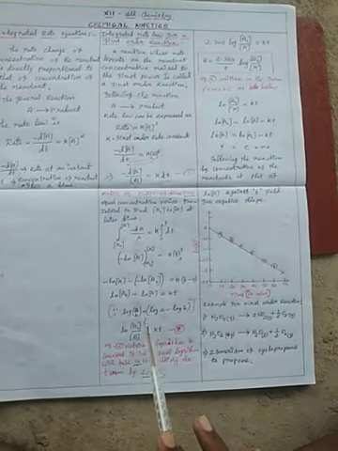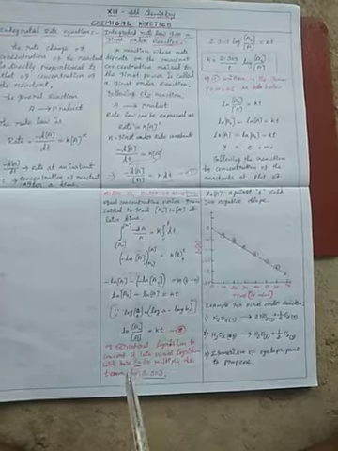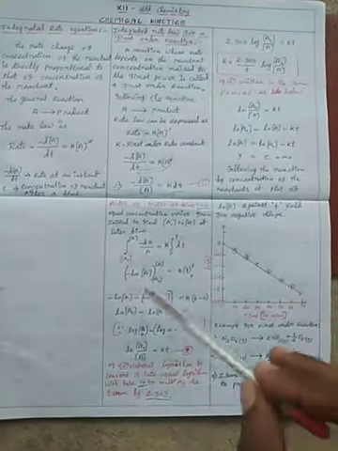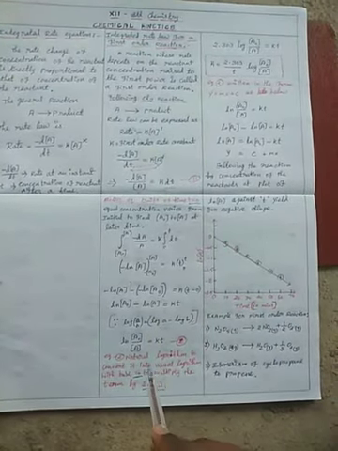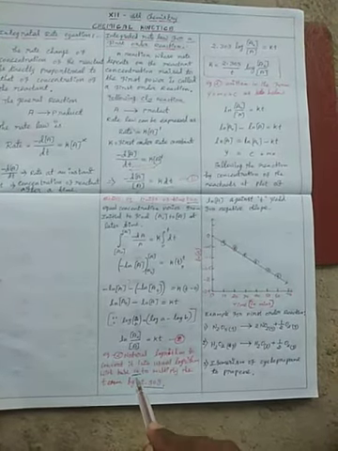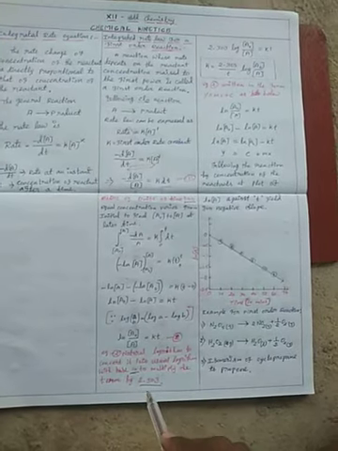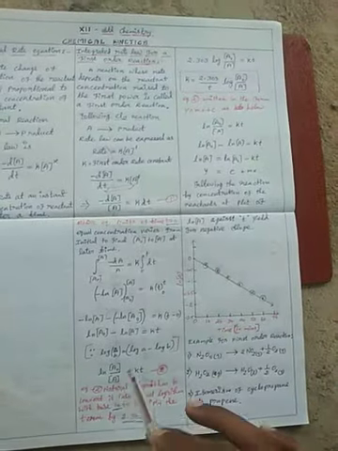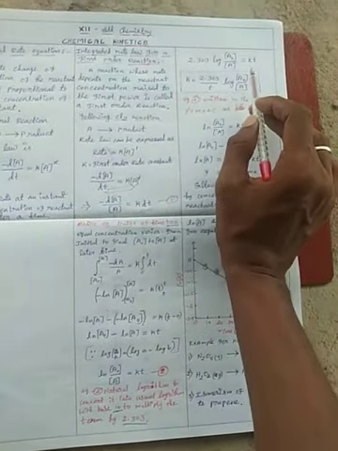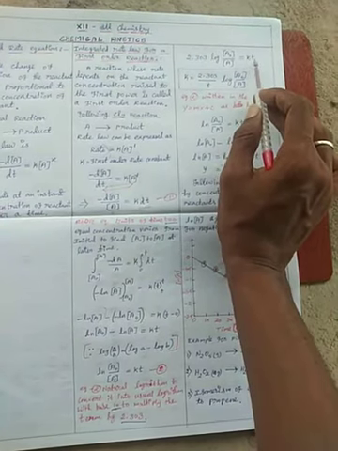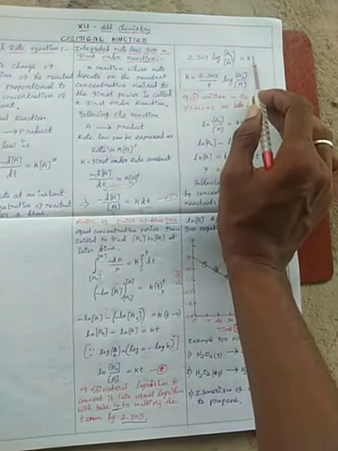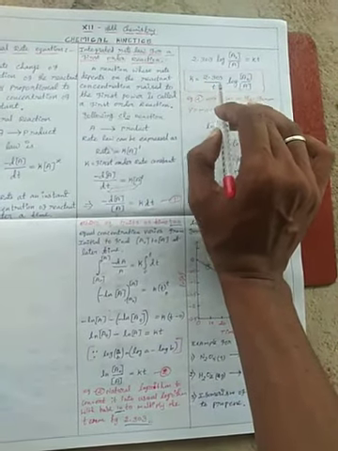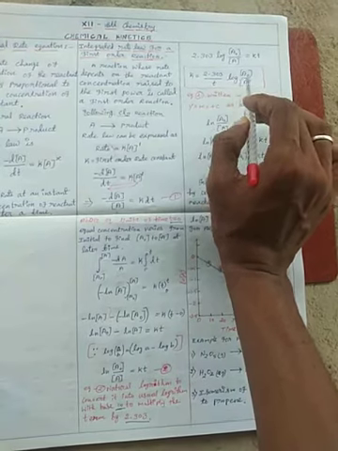Based on log A by B equal to log A minus log B, ln A naught by A equal to kt. Converting natural logarithm to base 10 logarithm, multiply by 2.303. So log A naught by A equal to kt, and k equal to 2.303 divided by t log A naught by A.